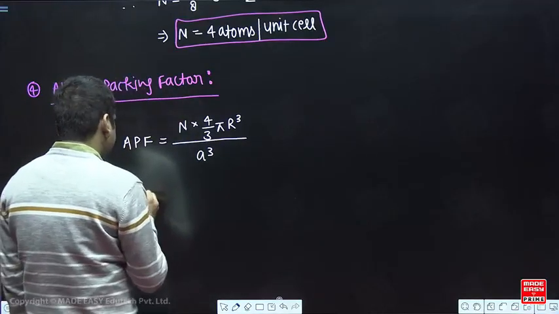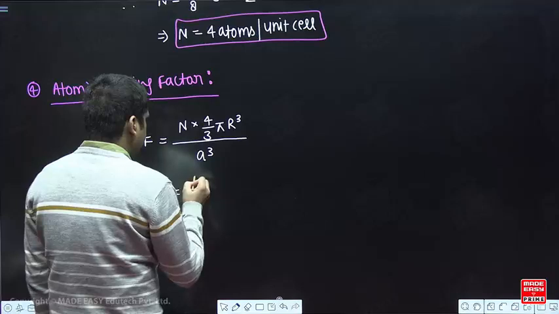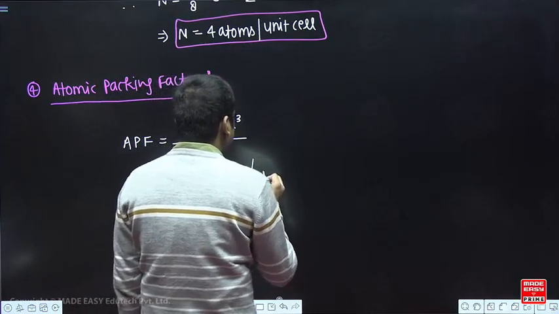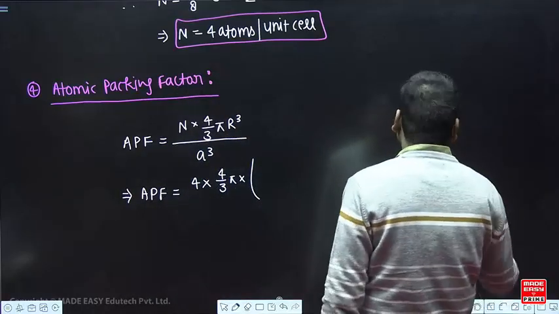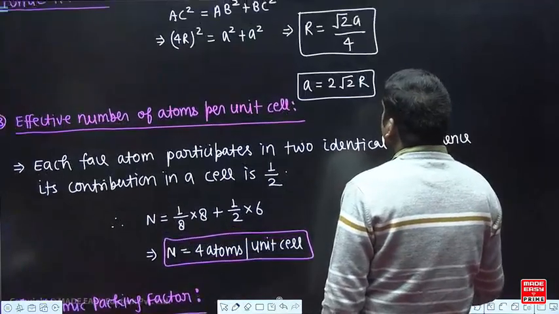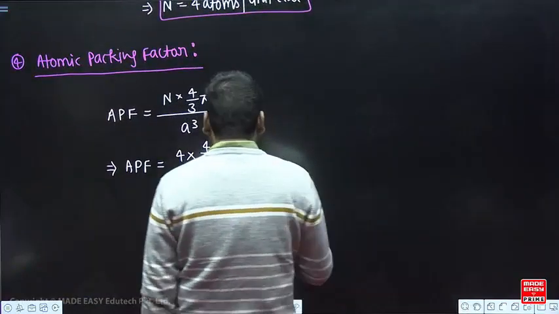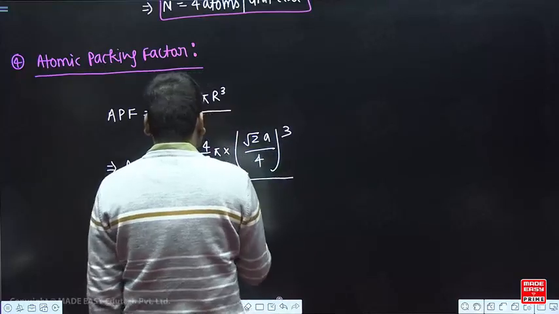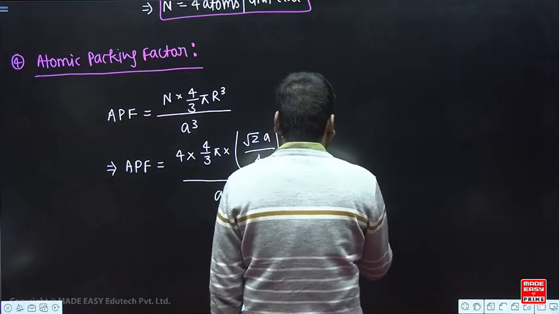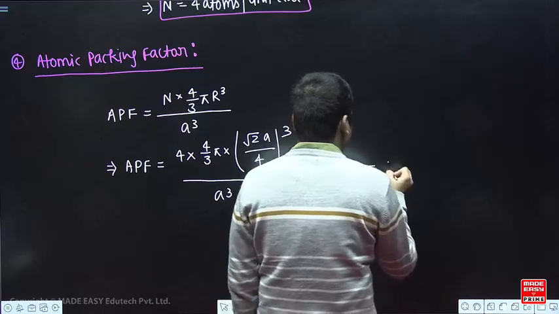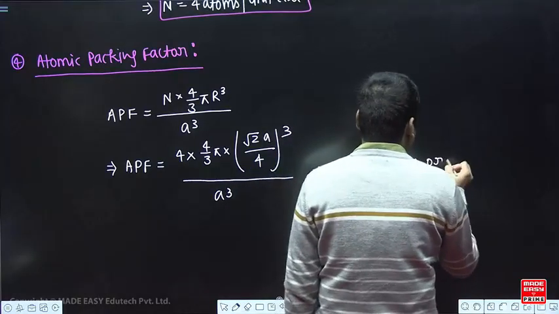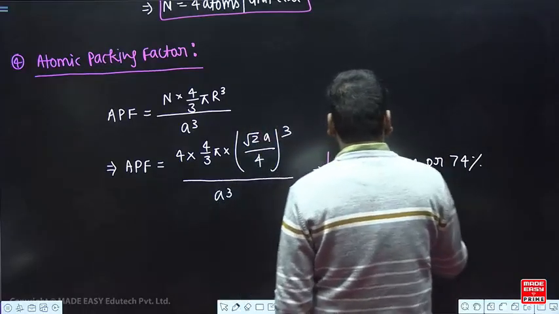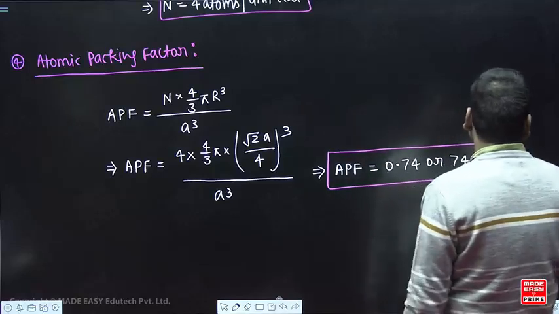So APF is 4 into 4 by 3 pi into r, and r is root 2a by 4, (root 2a by 4) whole cube divided by a cube. So from this APF is 0.74 or 74%. This is your atomic packing factor.